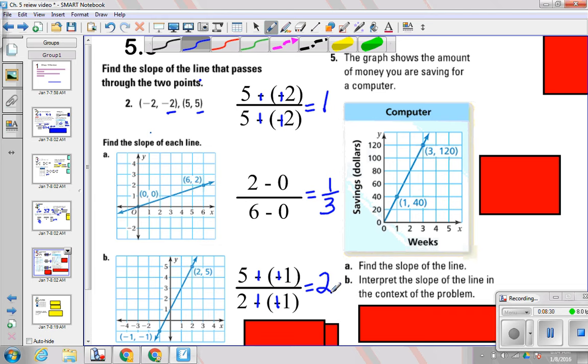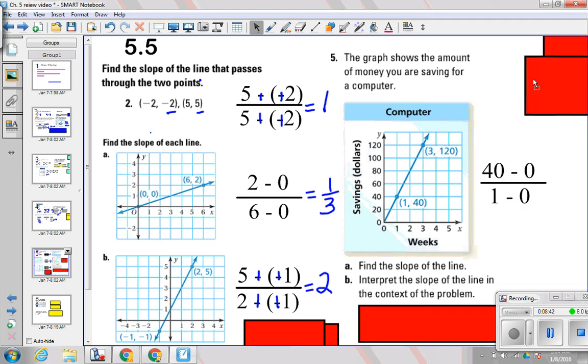Okay, for number 5, they ask us to find the slope of the line and then interpret what that slope means in the context of this graph. So for our slope, we also have a direct proportion, so I would definitely use (0, 0) as one of my points, and the other point, I picked the smallest one, so (1, 40).